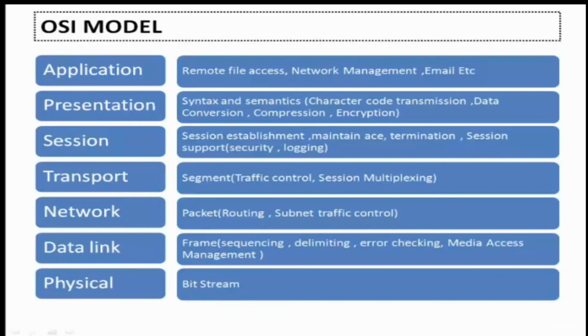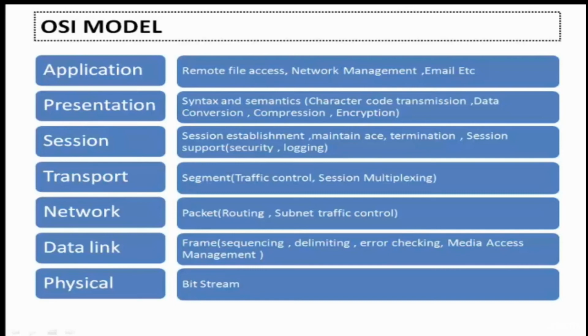In frames it also maintains the sequence of frames, and it is also responsible for error checking. It just adds a header and footer to the data so that it can check for errors by checksum, and it is also responsible for media access control.